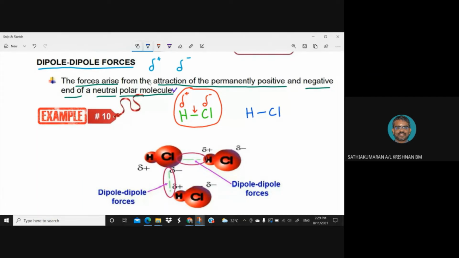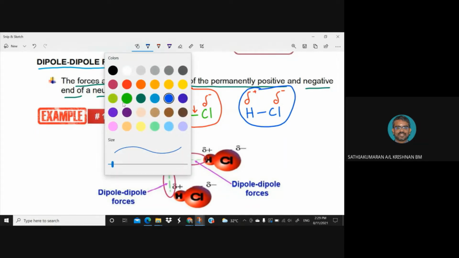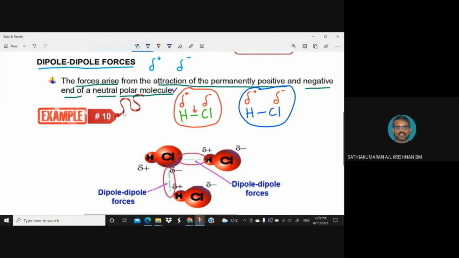Just now we already studied this one is a polar bond, and this molecule is a polar molecule. Now where are the dipole-dipole forces?